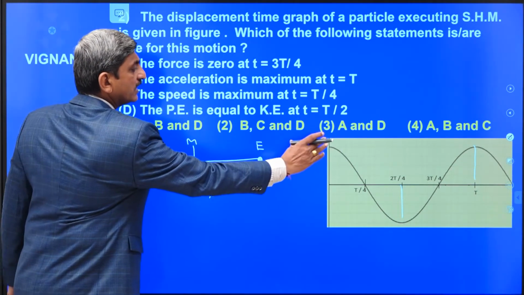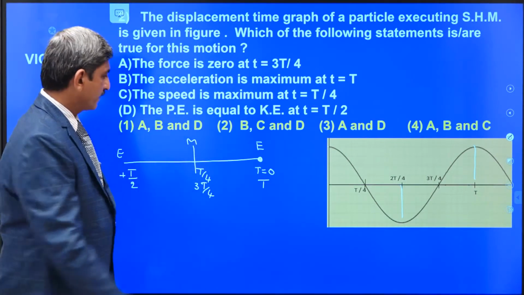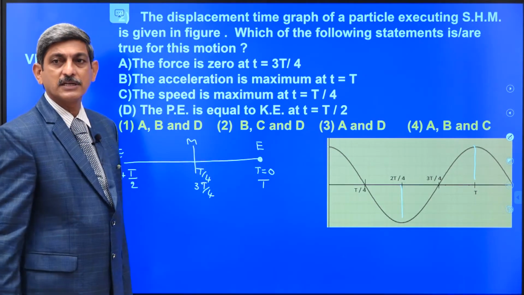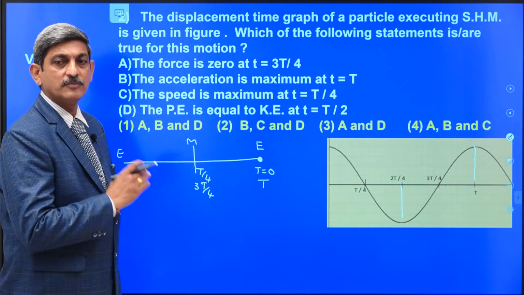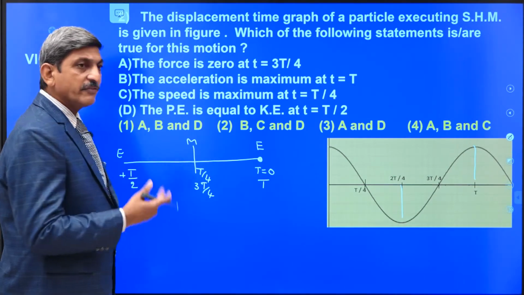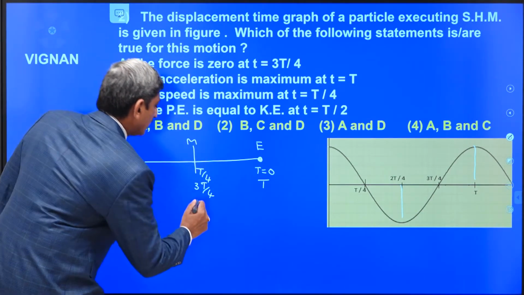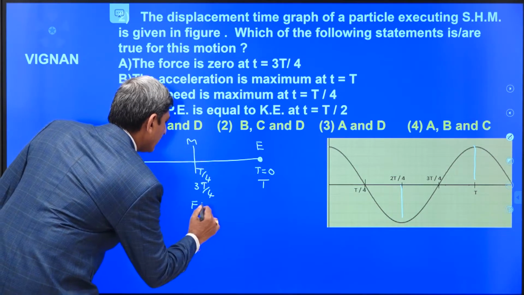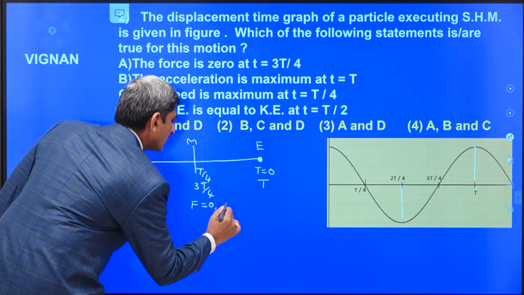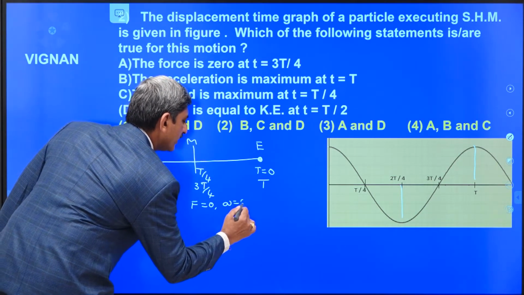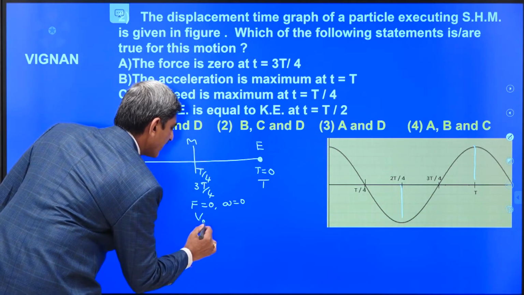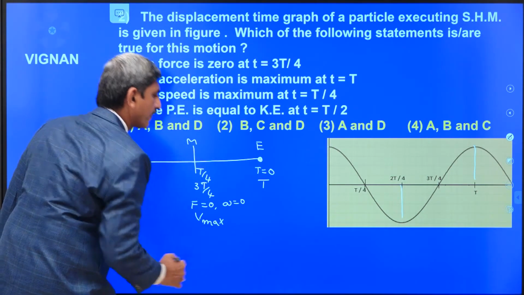Here, using the displacement time graph, I represent the position of the particle at different times of the motion. Already we know that the force is 0 at mean position, the acceleration is also 0 at mean position, and the velocity is maximum at the mean position.